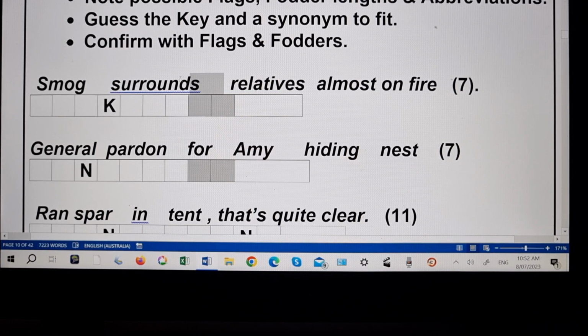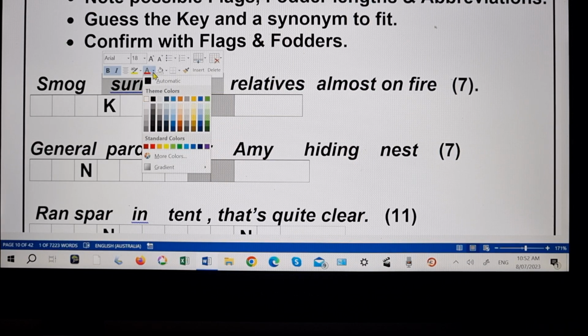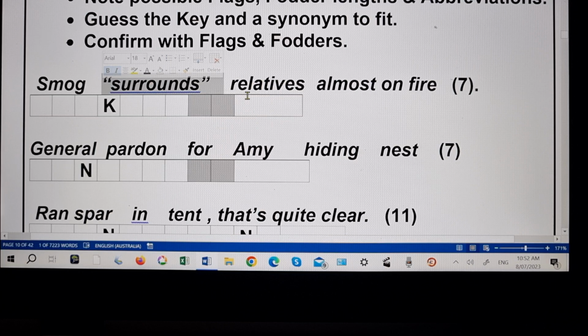I'm looking at a possible flag for a container here. Okay, container, flag. And then the next one, relatives almost, that's about it. I can't see any abbreviations. No K in the fodders. So it looks like we're going to be using a synonym to get our fodders together.